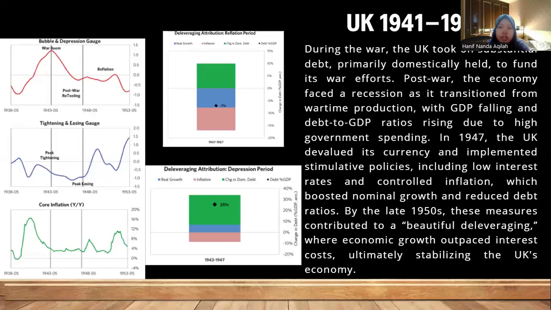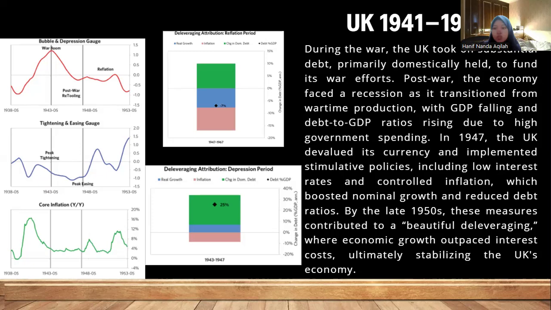Then the second UK case is the UK in 1941 till 1967. During the war, the UK took on substantial debt, primarily domestically held, to fund its war efforts. Post-war, the economy faced a recession as it transitioned from wartime production, with GDP falling and debt to GDP ratios rising due to high government spending.